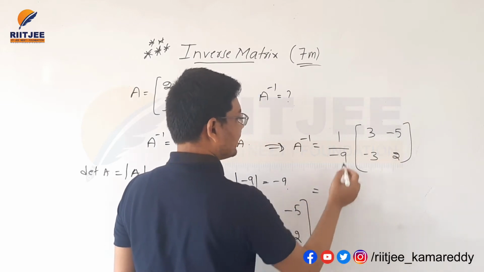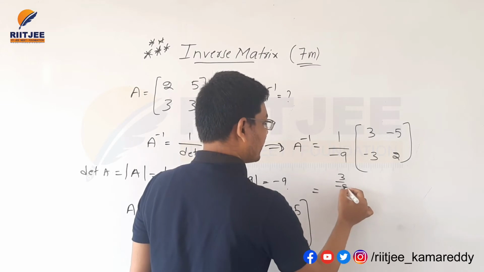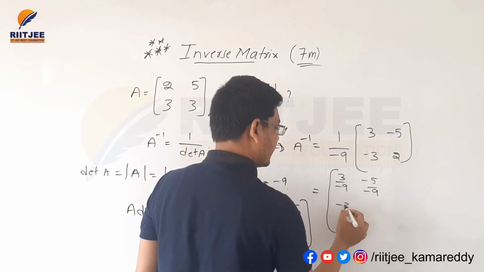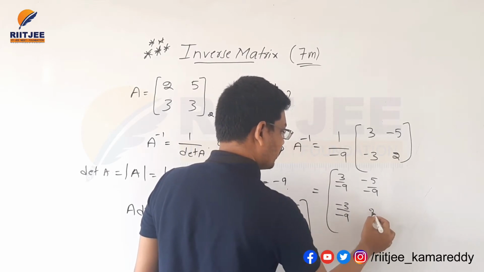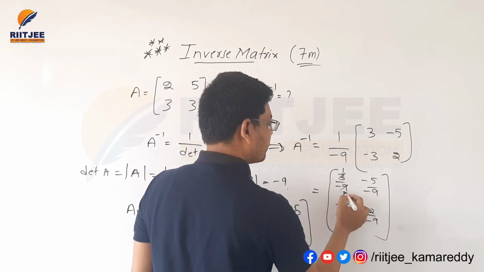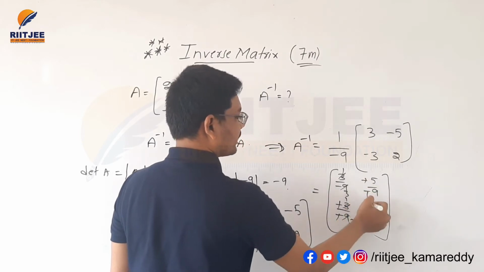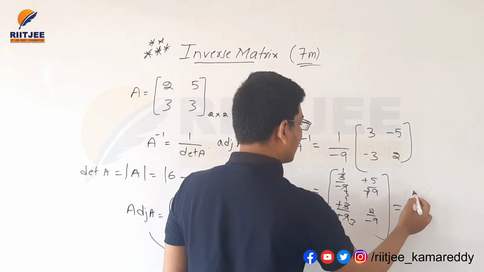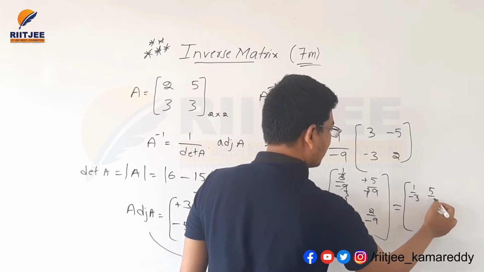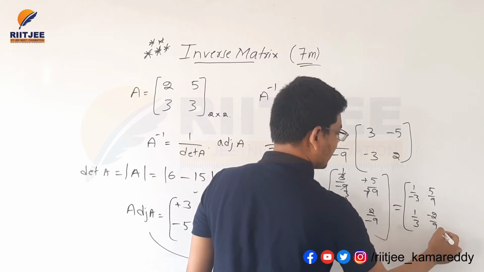Here we need to divide each and every element by minus 9: 3 by minus 9, minus 5 by minus 9, minus 3 by minus 9, 2 by minus 9. Here 3 ones are 3 and 3 threes are 9, and the minus signs get cancelled. The final answer for A inverse is minus 1 by 3, 5 by 9, 1 by 3, and minus 2 by 9.